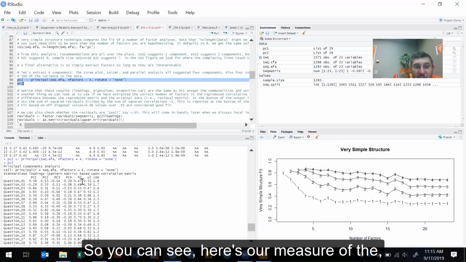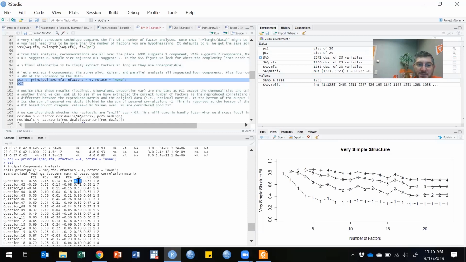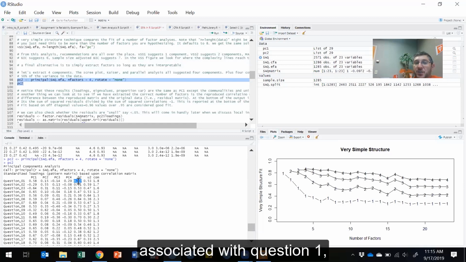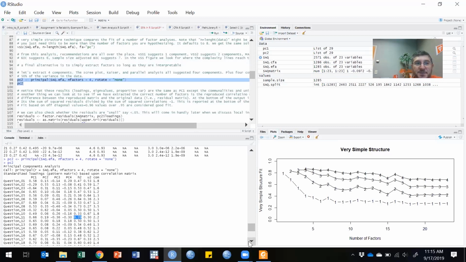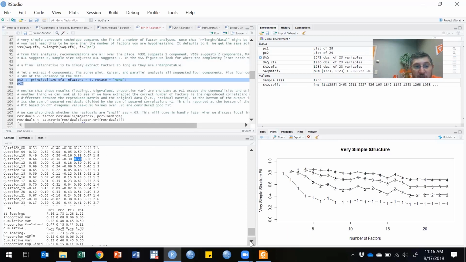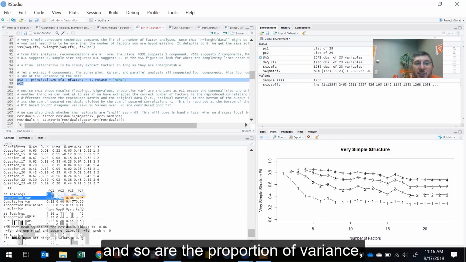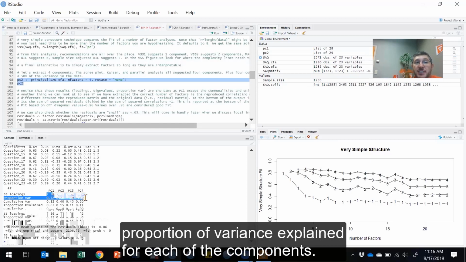Here's our measure of the proportion of common variance associated with question 1, and with question 11. Our eigenvalues are the same, and so is the proportion of variance explained for each of the components.